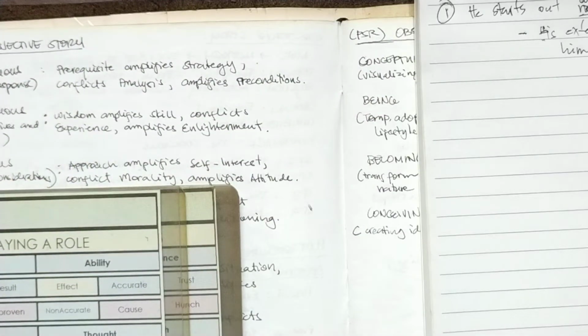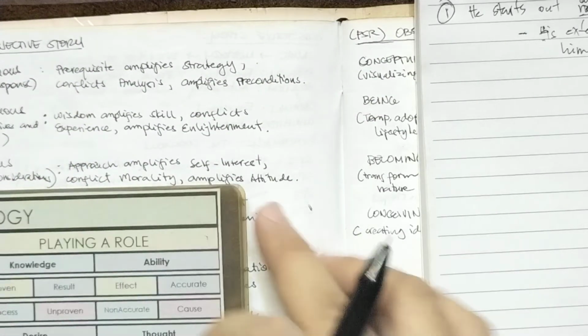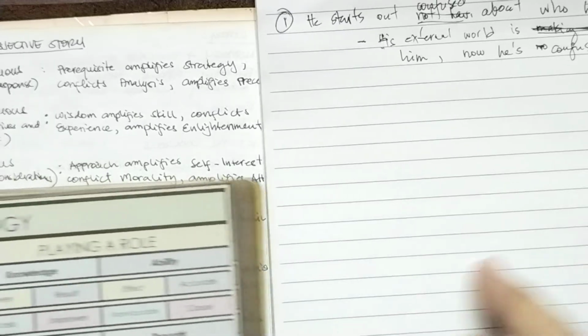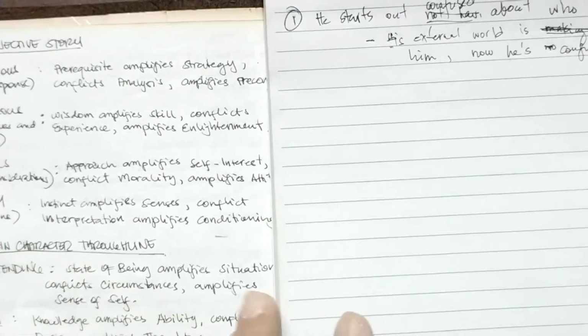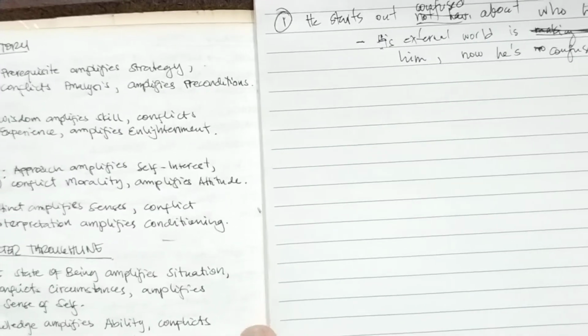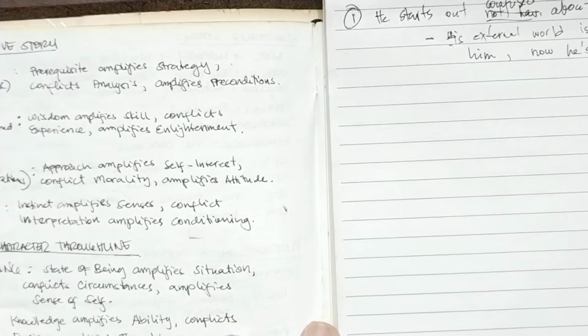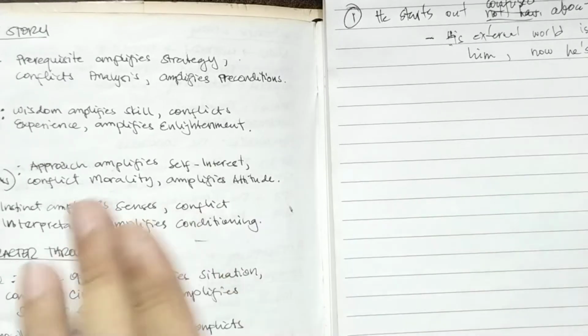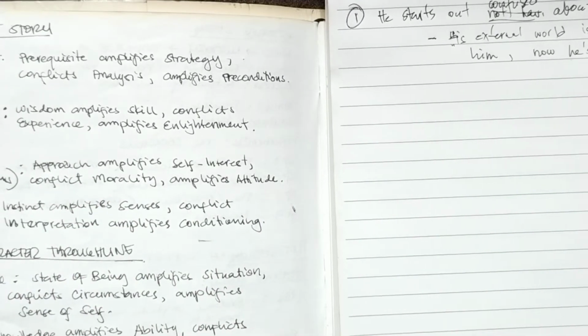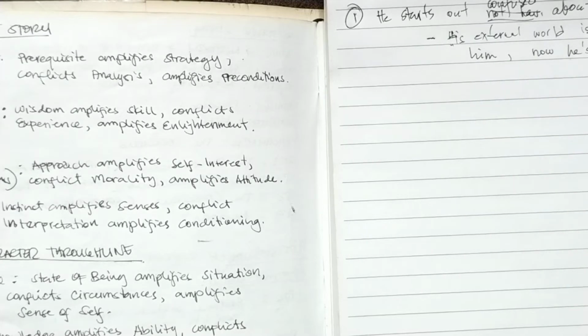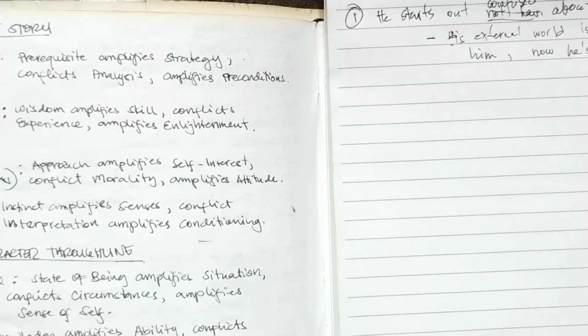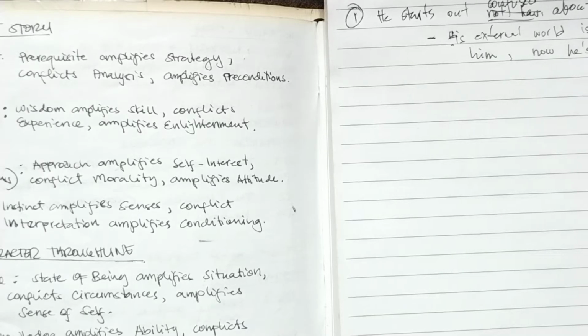Okay? So his state of being, being confused of who he really is, now amplifies his external view of his environment. How he sees his environment now is also confused.